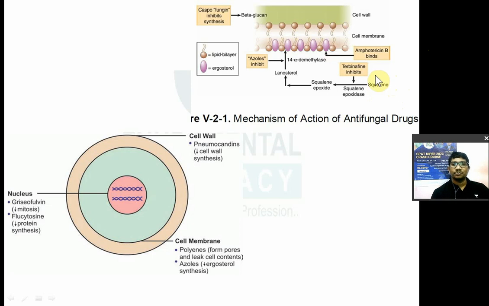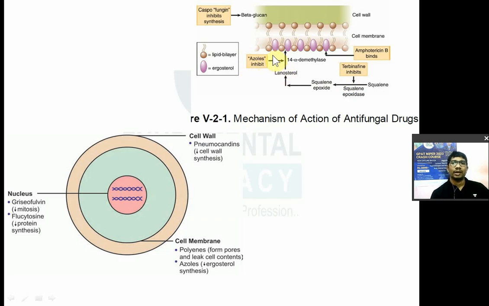Squalene is first converted into squalene epoxide by the enzyme squalene epoxidase. This step is inhibited by terbinafine and other related antifungal drugs. Now squalene epoxide is converted into lanosterol, and finally lanosterol is converted into ergosterol with the help of one enzyme known as 14 alpha demethylase. This enzyme is inhibited by azole antifungals.